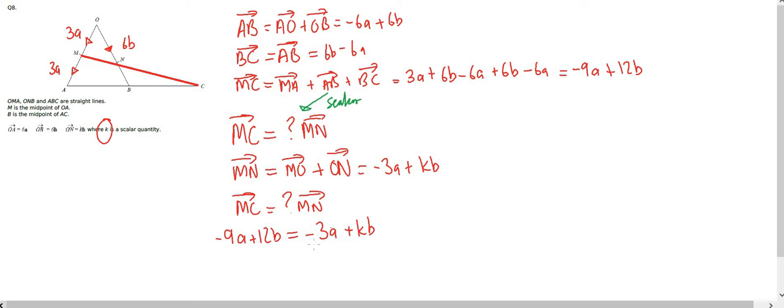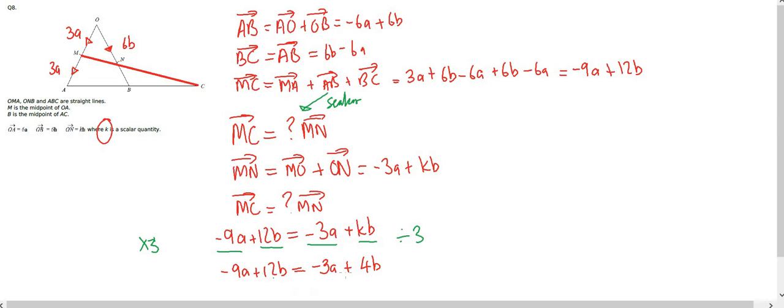So what can I multiply this by to get this? Well, it's 3. Then I've got 12b and an unknown b, so I'm going to divide by 3. That means this would have to be minus 3a plus 4b.